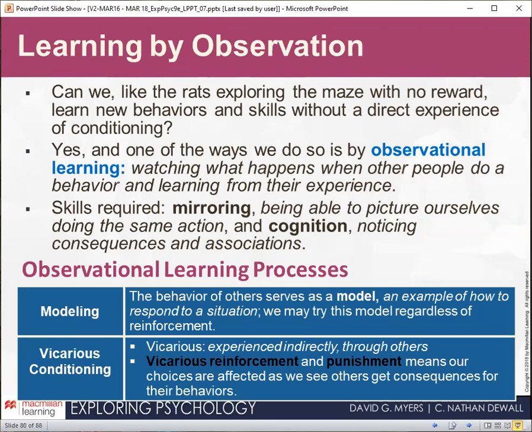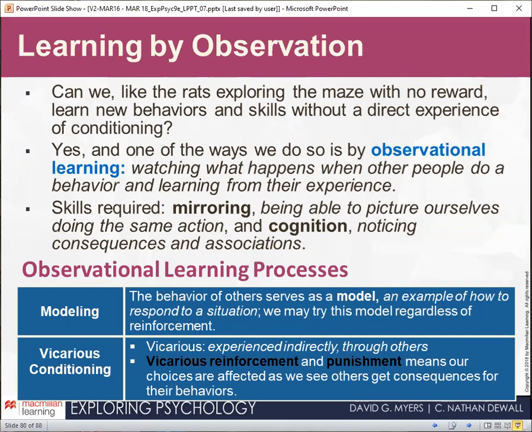So you have just gone through a learning scenario there: not to do that behavior, or you're risking getting punishment. So being able to see the model, and being able to learn something from the associations and consequences of what that model is doing, that's what we're talking about here.